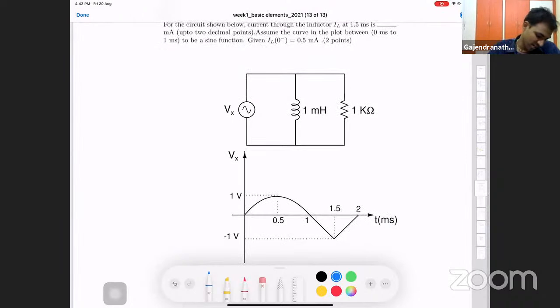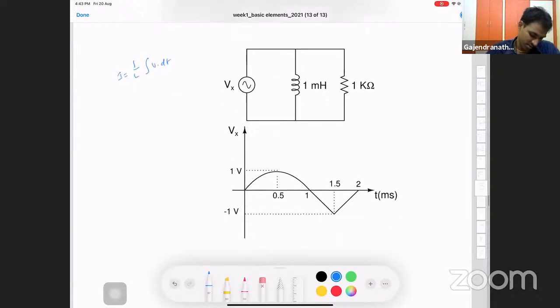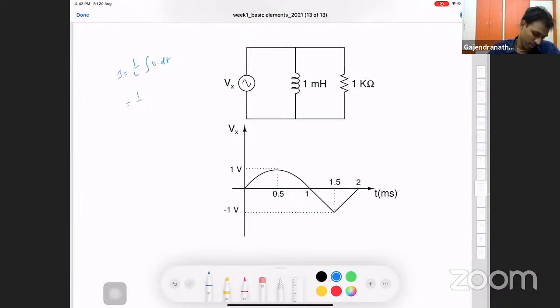As we just learned, V equals L dI by dt. I is equal to 1 by L integral V dt. So 1 by 1 millihenry times the integration of this whole sine wave, right? So this can be described mathematically as sine omega t.